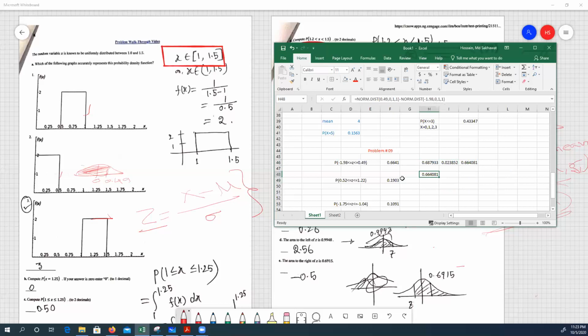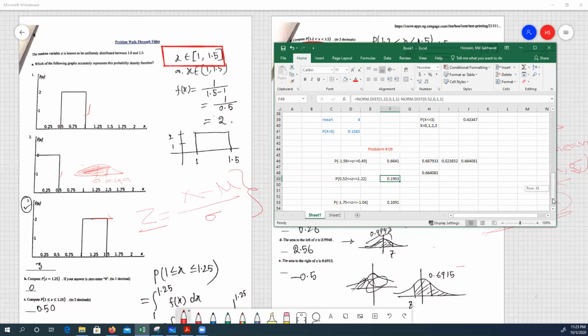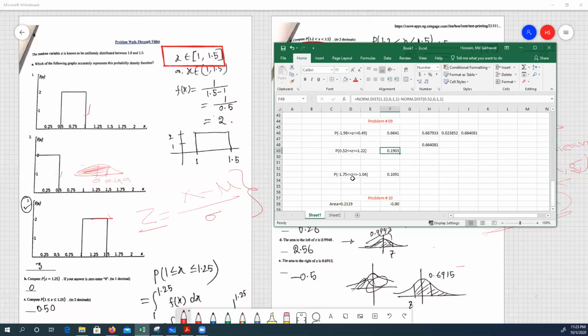Okay, so similarly, to find this probability, you have to just take the difference of the probability for this number 1.22 and 0.52. Okay, and probability for this one will be this. Now suppose you want to find the probability of z less than 1.2, so how can you find this probability?